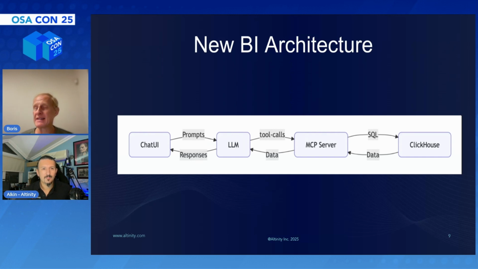In our case, our MCP server could pass the SQL query to ClickHouse, return data back to the model, and the model returns the response back to the user asking the question. So it's a general overview of how it works. The user asks a question, it is sent to the model, which creates a tool call to the MCP server, and the SQL created by the LLM is passed to ClickHouse, and the data comes back.